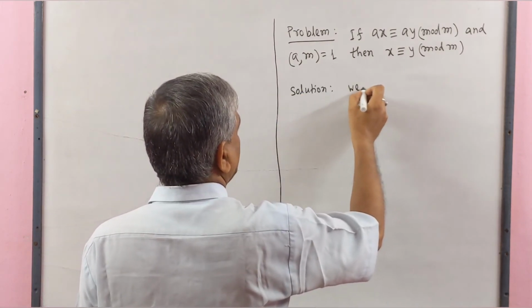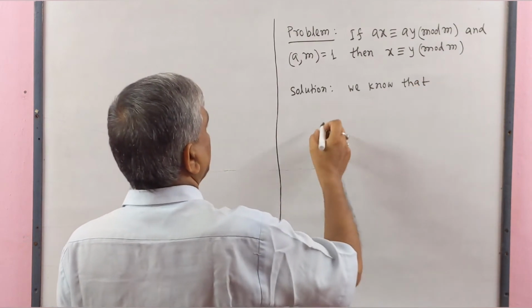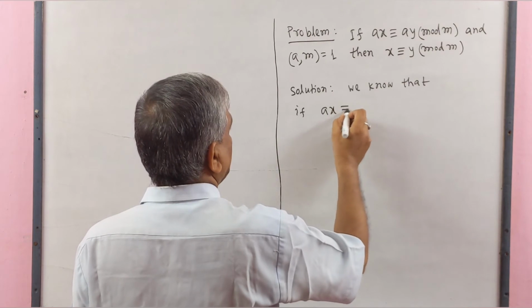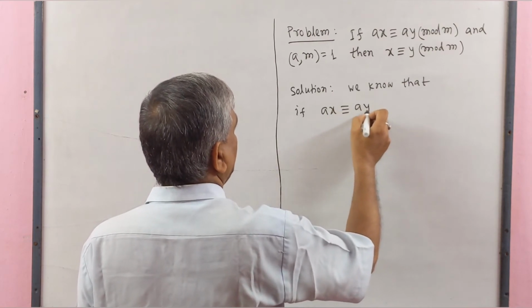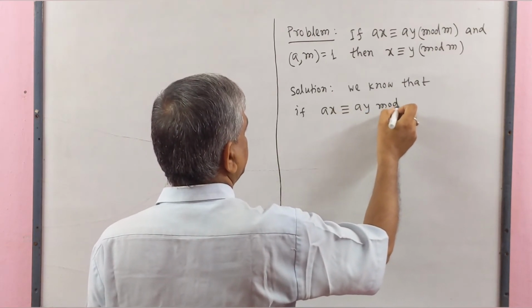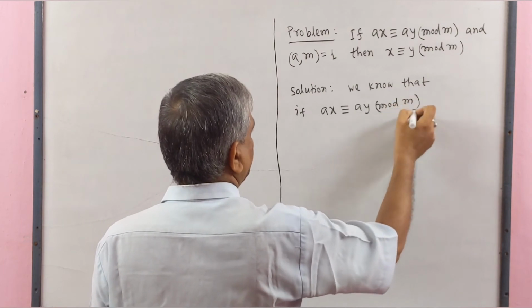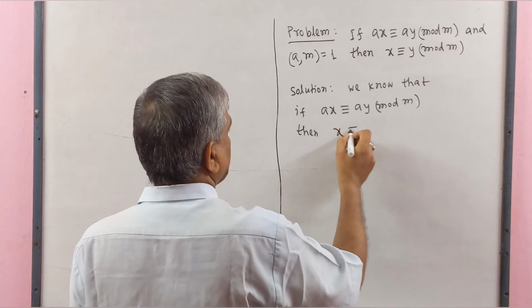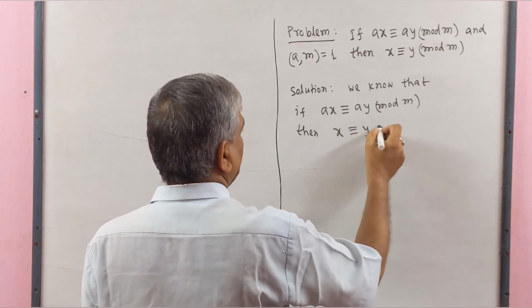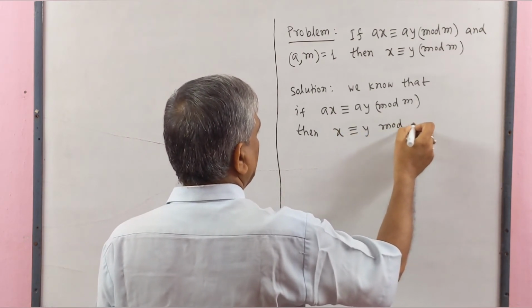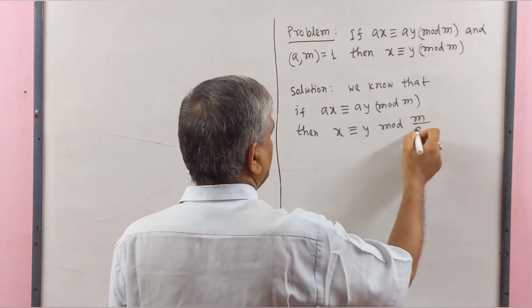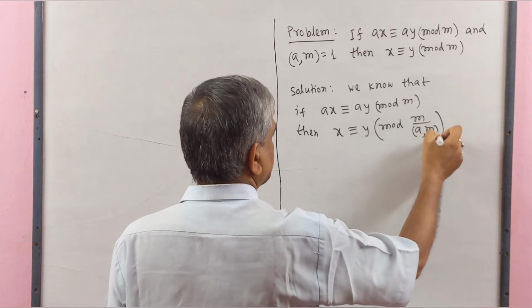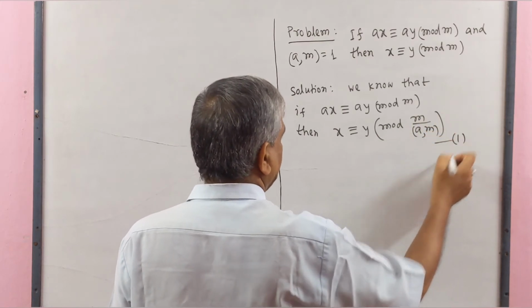We know that if ax is congruent to ay modulo m, then x is congruent to y modulo m by GCD of a and m. This is number 1.